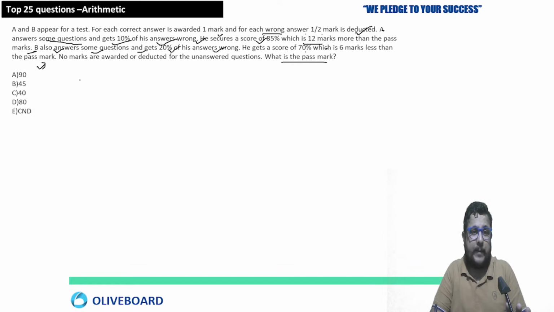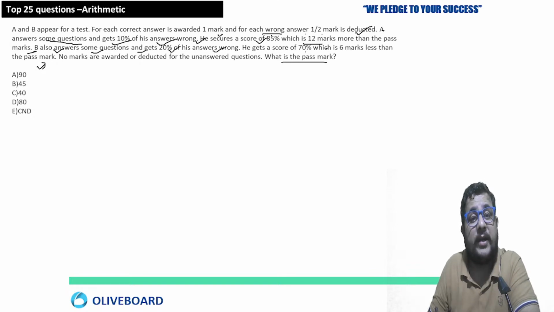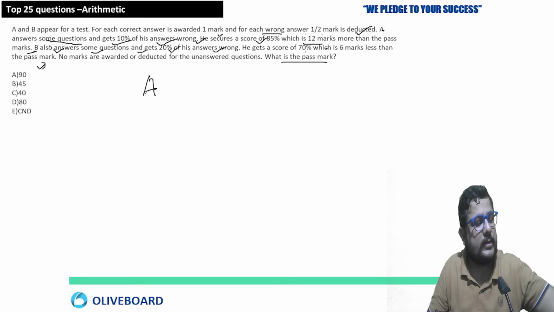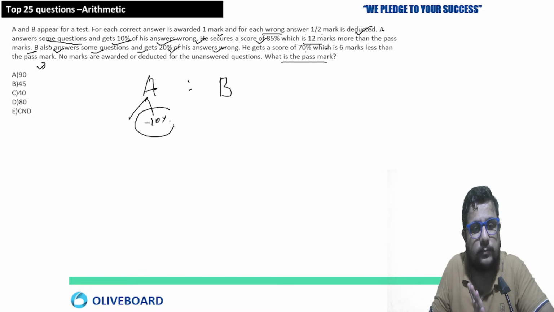So here A and B appear for a test. For each correct answer, 1 mark is awarded; for each wrong answer, half is deducted. A answers some questions, so there is nothing given about the number. Whatever he attempted, he answered 10% wrong, which means 90% correct.